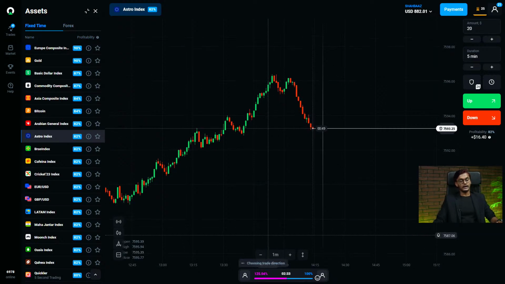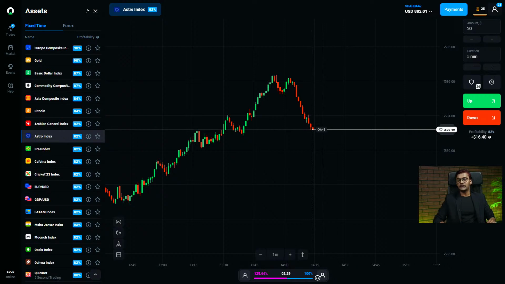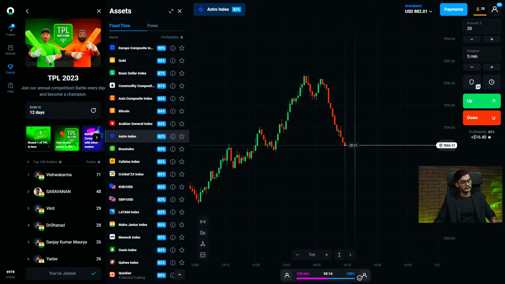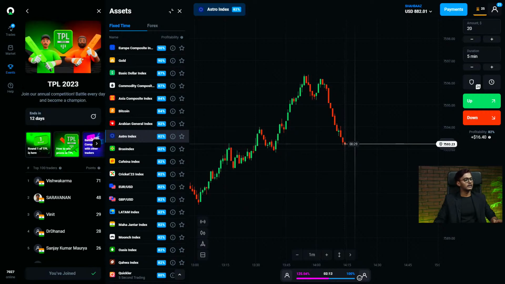I would also like to highlight that the more you win, the more points you will have. And the more points you have, in that way it will be calculated whether you are the winner or your opponent is the winner. If you are the winner, you will get 1 point, and that 1 point will be highlighted here in the Trading Premier League leaderboard.